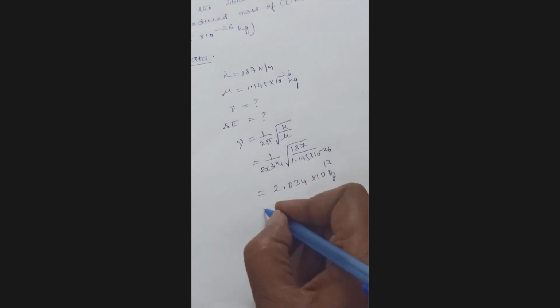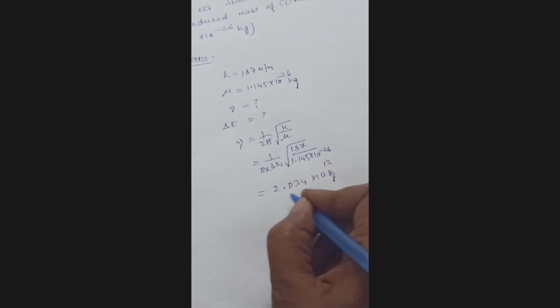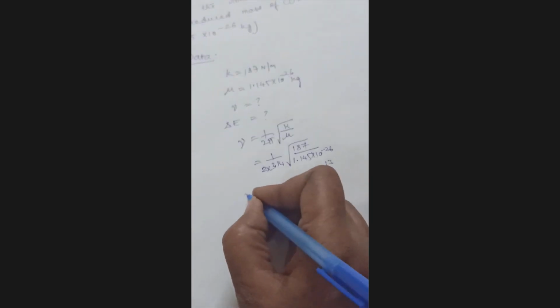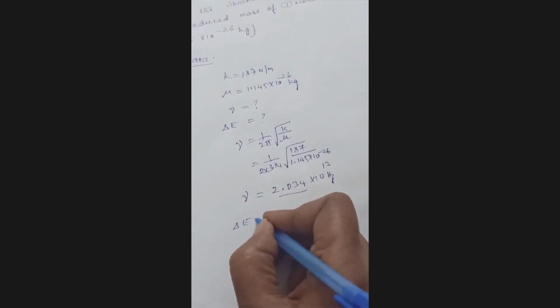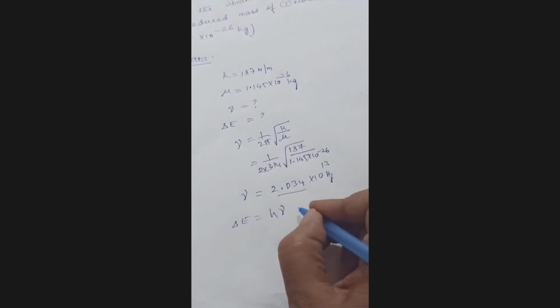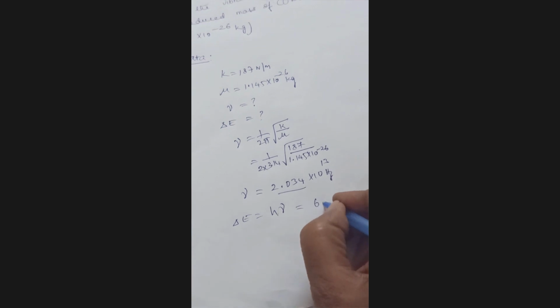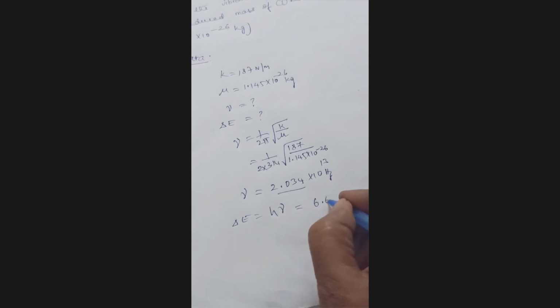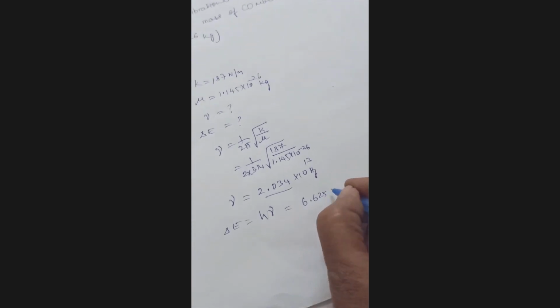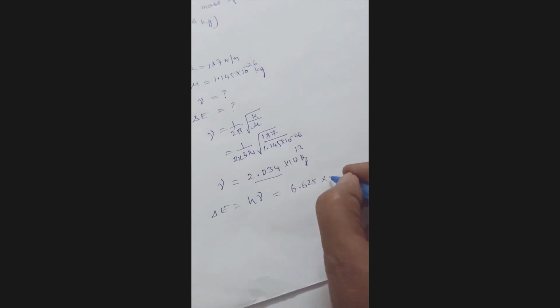Next, this is the value of nu. Therefore delta E is equal to h nu. So that is equal to 6.625, all this is the repetition.